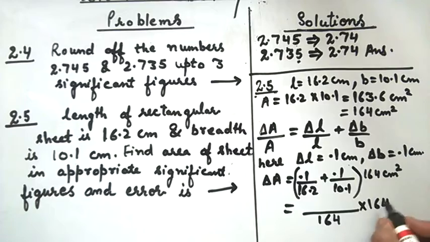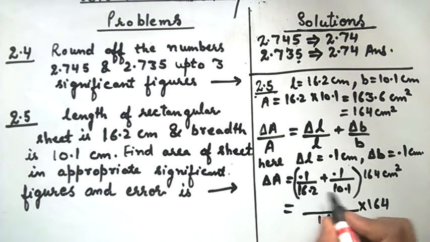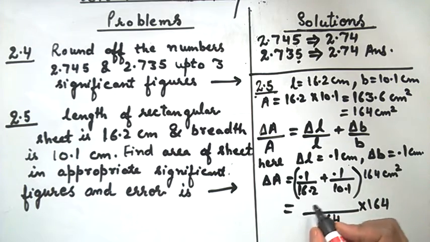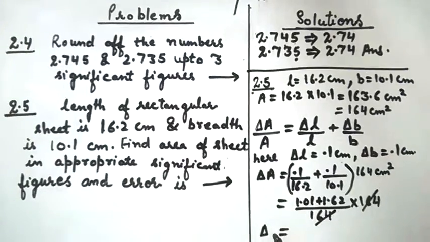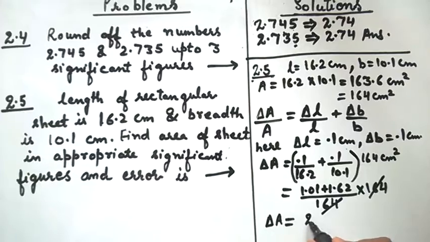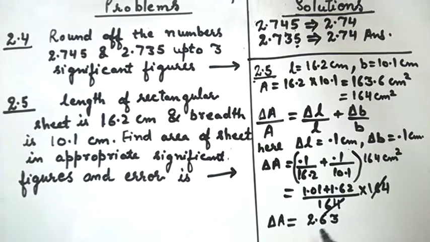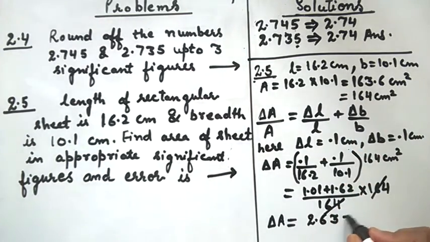And on further solving it, it is equal to 1.01 plus 1.62. This value will cancel out and delta A is equal to 2.63. The error is given up to one significant figure, so we will round it off up to one significant figure.